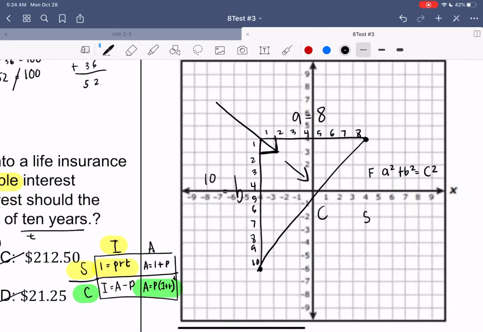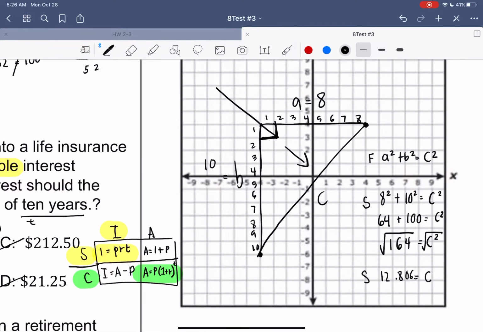So the square root of C squared equals C, and the square root of 164 is 12.806.